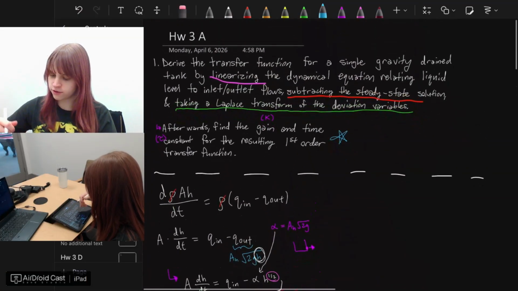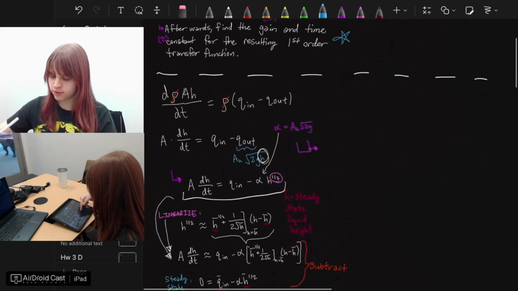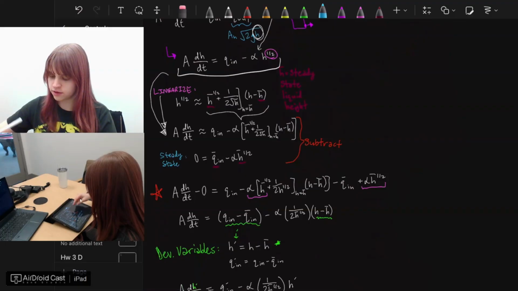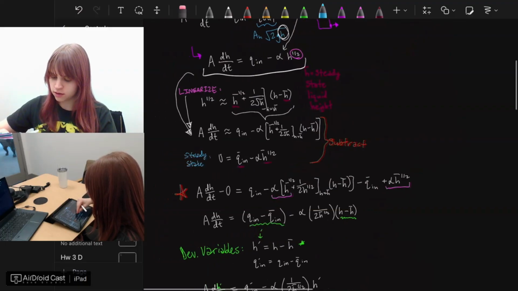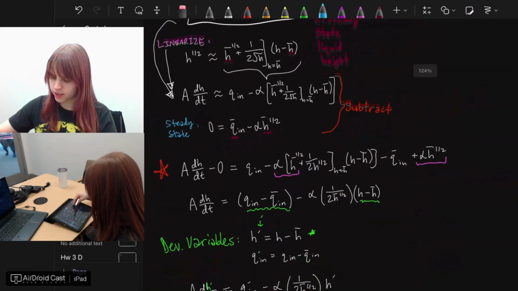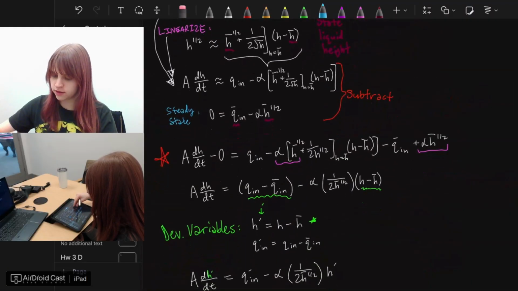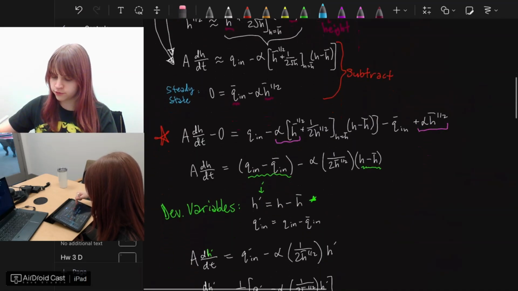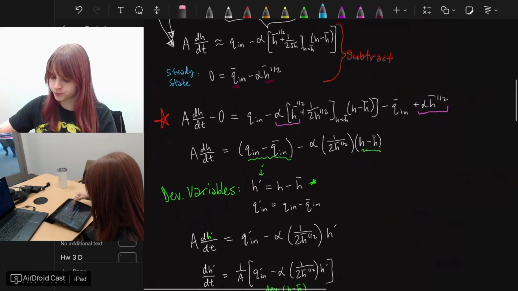We started off by linearizing the dynamic equation, and then we looked at the steady state of this example and subtracted the linearized equation that we had from the steady state solution.